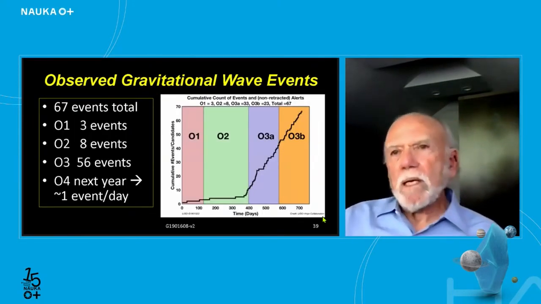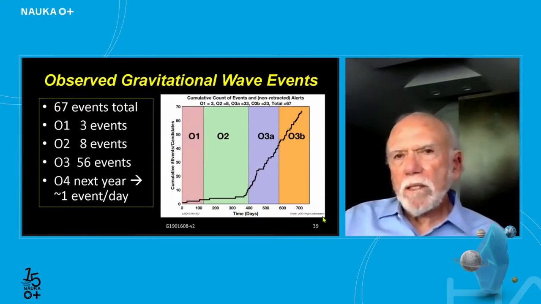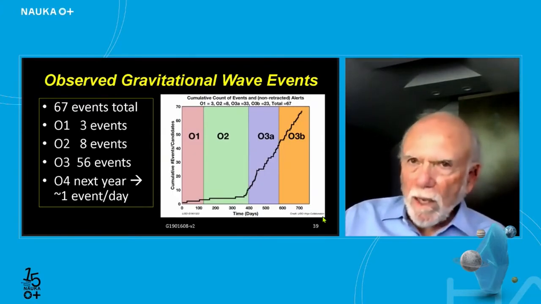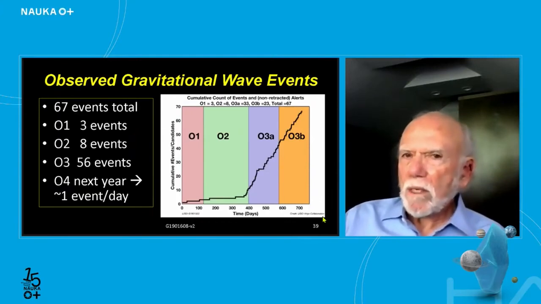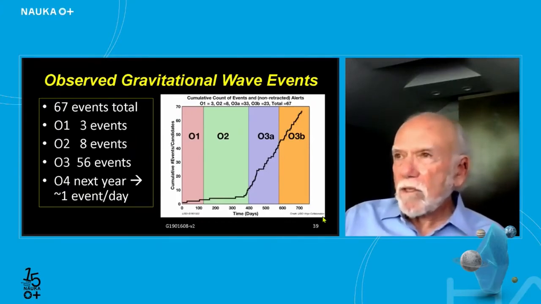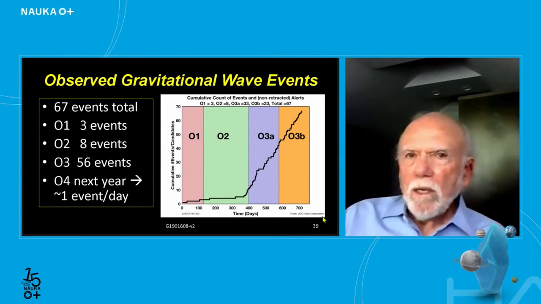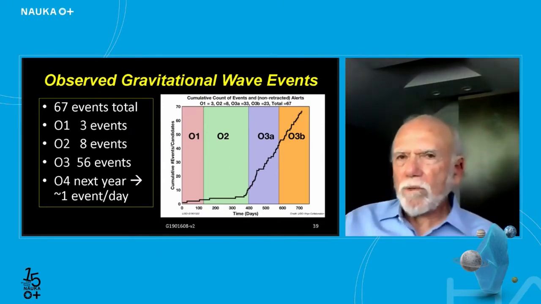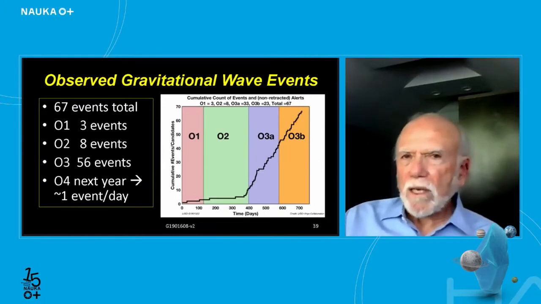We're getting better and better. And so the ability to use gravitational waves to study both gravitational waves, to work with electromagnetic waves, is only going to get better. We're limited by the instruments, not by nature. So this picture where I show O1, O2, O3A, O3B, on the vertical scale is the number of observed events. And you can see that they're climbing rapidly.